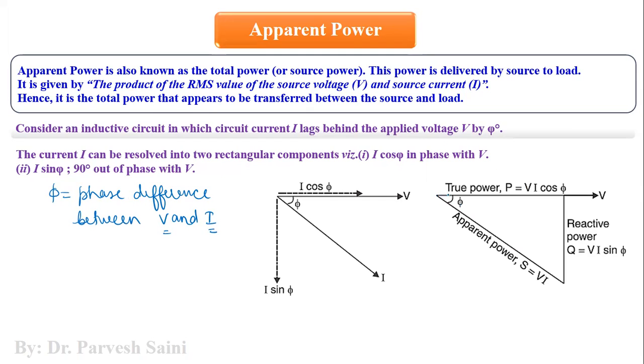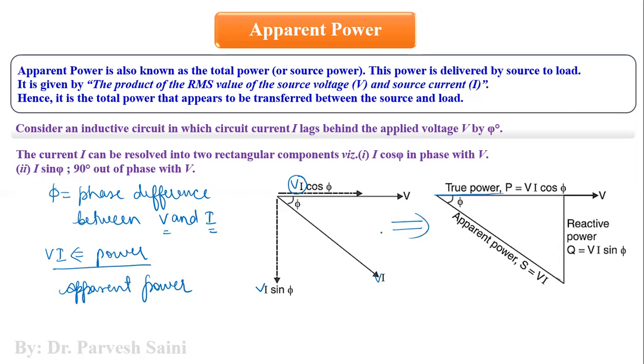Now, if you draw it in the form of a triangle like this, and you multiply each of these components with V, we all know that V into I is the volt-ampere, the power. It is the apparent power.